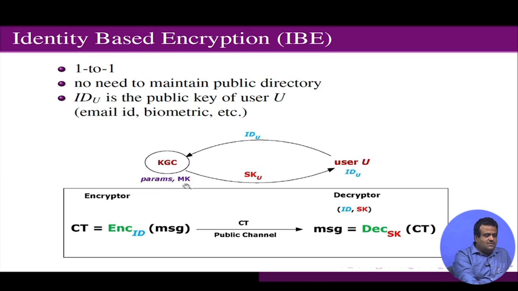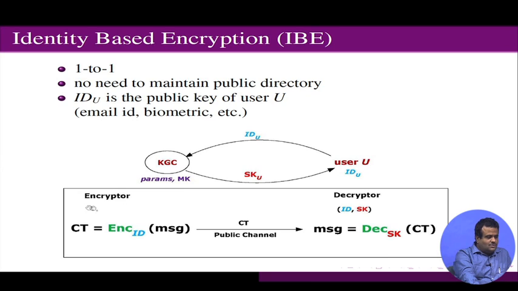This master key will be used to generate the secret key of the user, and the key generation center will send the secret key to the user. So ID is the public key and SK is the secret key. The basic difference is that identity is used as a public key, and the encryption is done in a similar way.